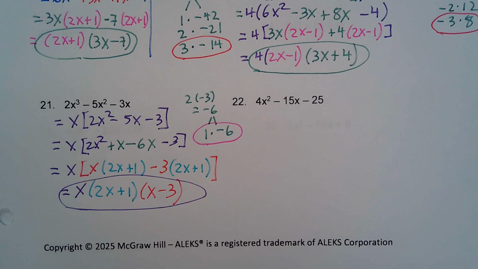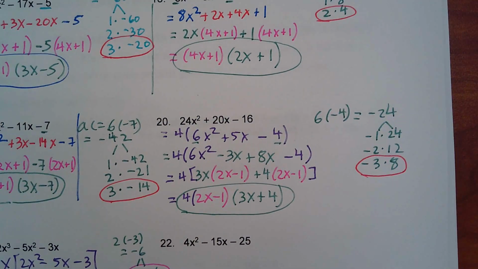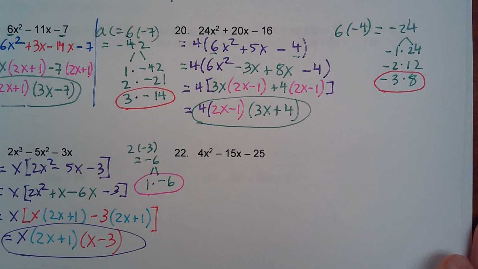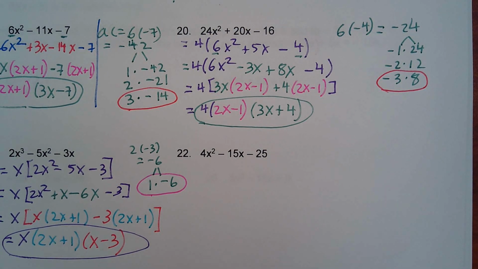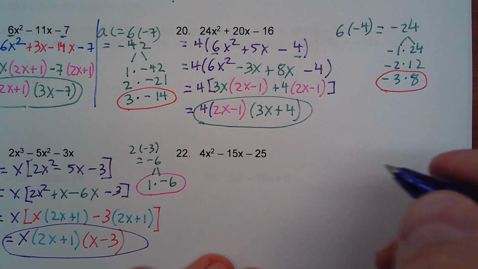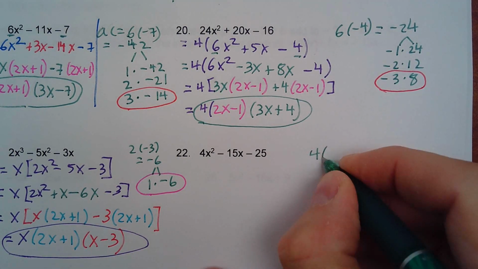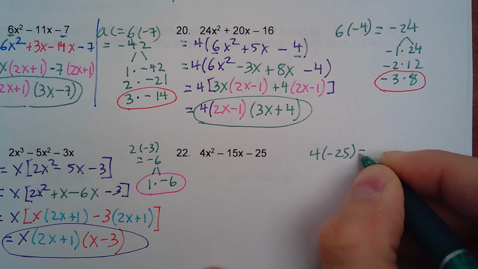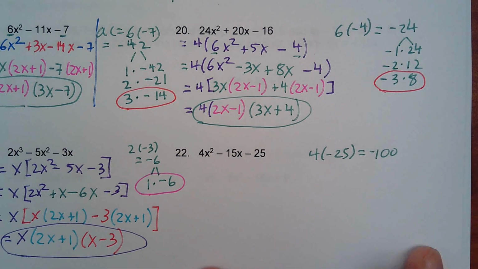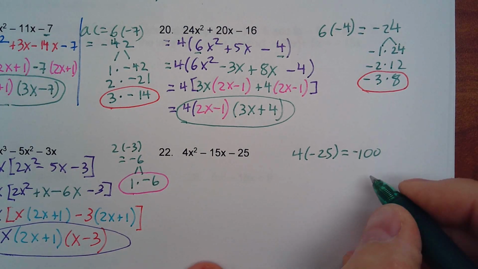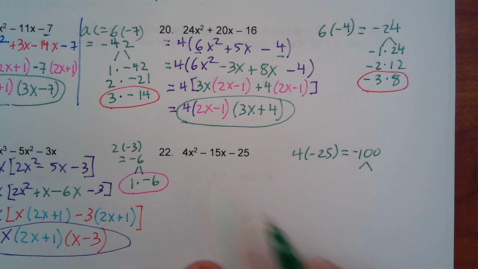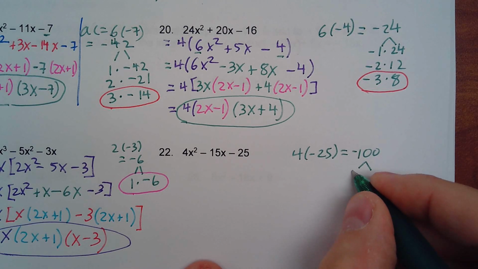All right, let's take a look at the next one. All right, no greatest common factor here. So we just have to work with it. We're going to do 4 times negative 25 is a negative 100. I need a negative 15, so I want the larger number to be negative.